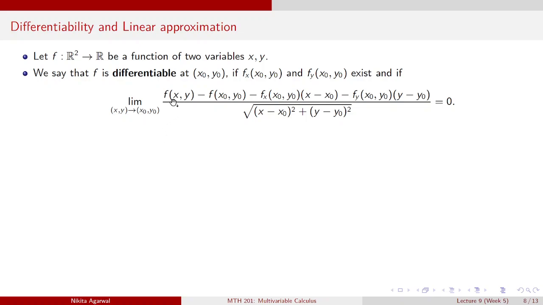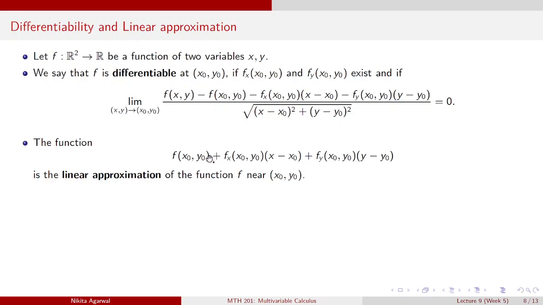It is f(x,y) minus f(x0,y0) minus the partial of f with respect to x at the given point times (x minus x0), minus the partial of f with respect to y times (y minus y0), divided by the square root of the sum of these squares. Now the denominator is nothing but the Euclidean distance between the points (x,y) and (x0,y0), and then you take the limit as (x,y) goes to (x0,y0).